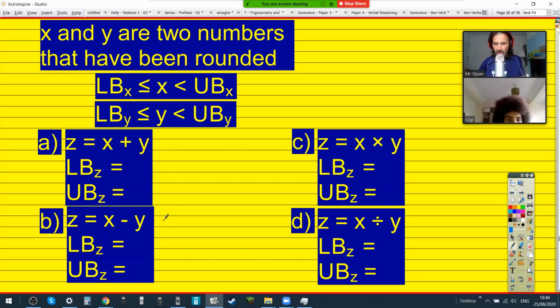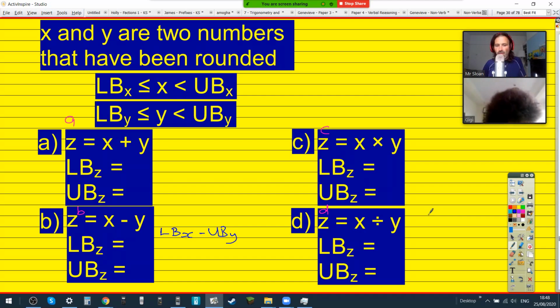With B, yeah, if you were trying to get the lower bound for z, it would be the lower bound of x minus the lower bound of y. You can make it even smaller. The lower bound of x minus the higher bound of y. Yes. How about question D?